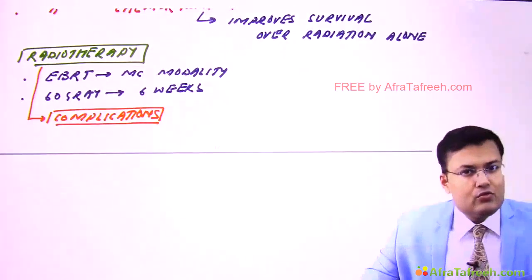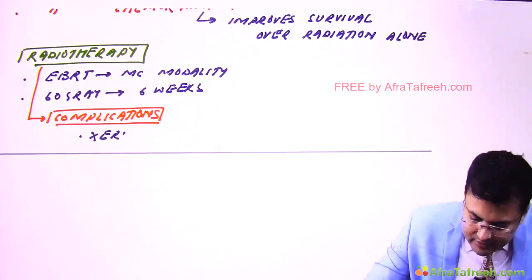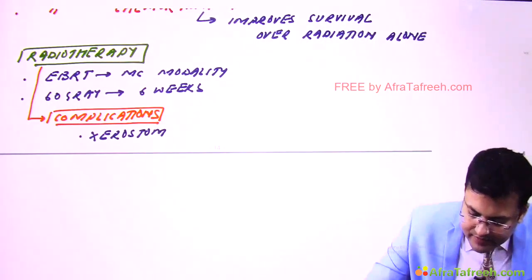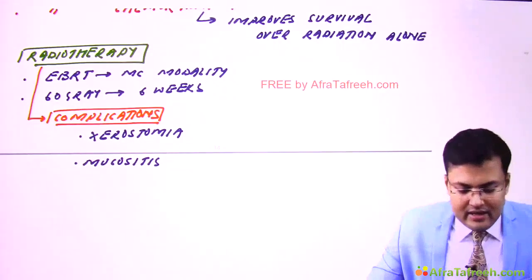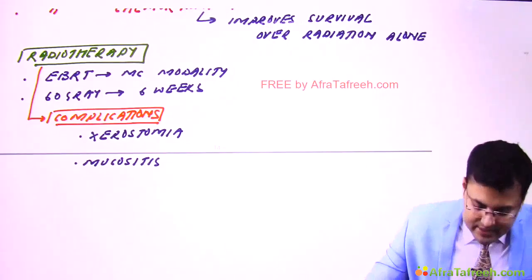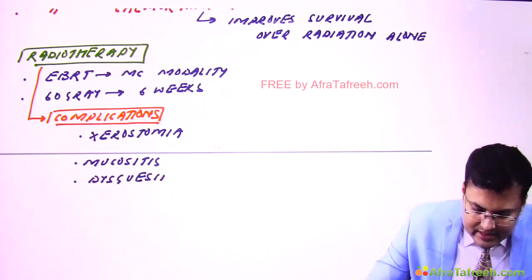Clear? So first, most common complication is xerostomia. Clear? There can be inflammation of mucosa, mucositis. There is altered taste, and that is dysgeusia. Dysgeusia can be temporary or permanent.